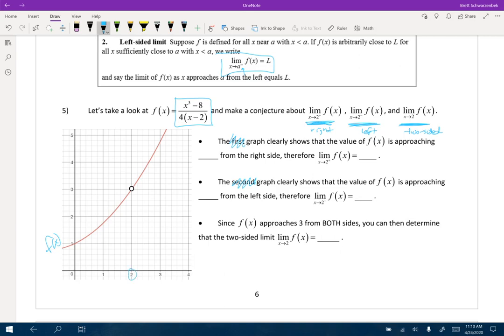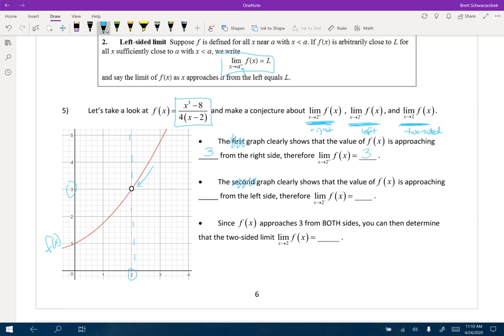It's right here. So this is our barrier here. So we're approaching 2 from the right side, which is right here. What height are we approaching once we get near the barrier at 2? It's a height of 3. So we're clearly approaching 3 from the right side. Therefore, the limit as x approaches 2 from the right is 3.